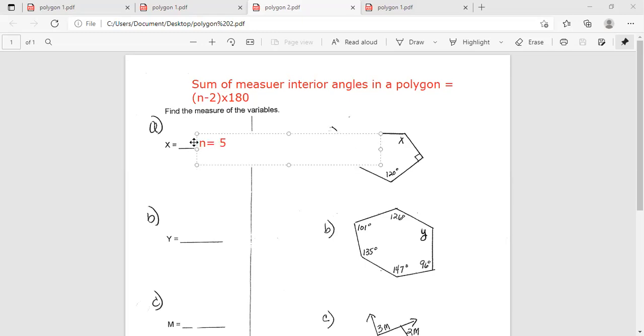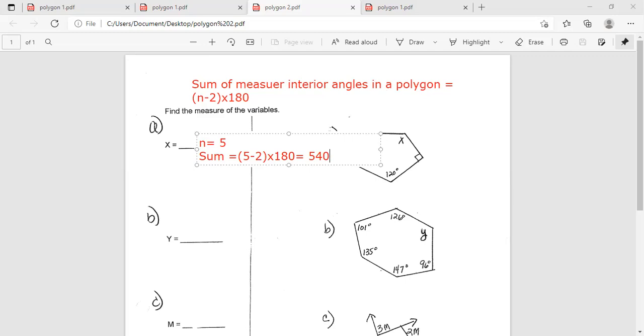Then we will calculate the sum. So the sum will be 5 minus 2 multiply 180, then it will equal 540. Calculate it, Ibrahim. It's not 900.